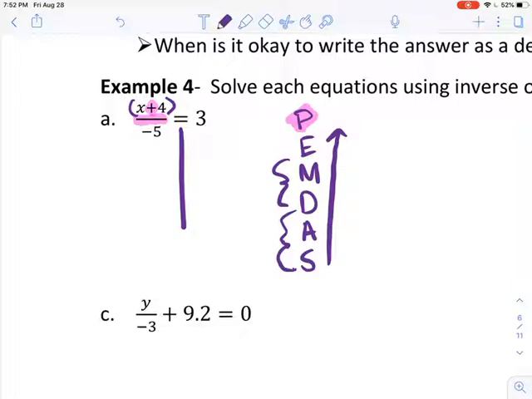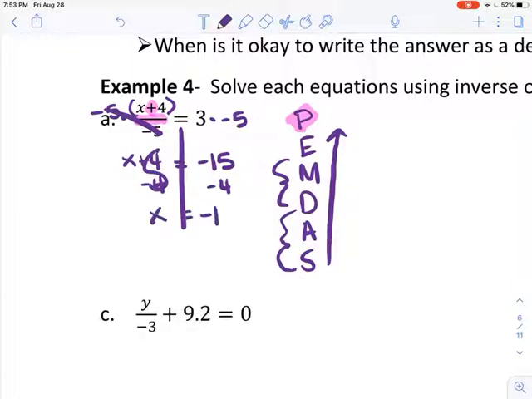And we undo division by doing multiplication. So I'm going to multiply by -5 on both sides. Then that cancels and I get x plus 4 equals -15. Now it's really easy. I just undo addition by subtracting. And that cancels and I get x equals -19.